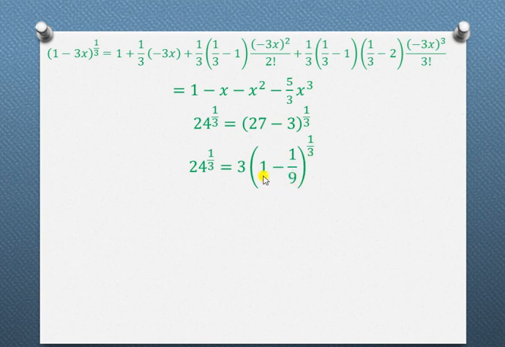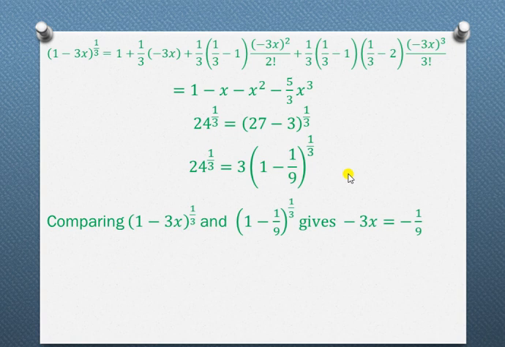Now, why have we expressed it in this form? We have expressed it in this form such that we can now easily compare our bracket that we have here, power a third, with our bracket that we had here with power a third. So should you make the comparison, it means 1 minus 3x is actually equal to 1 minus 1 out of 9. So that is the next step that we are going to go for.